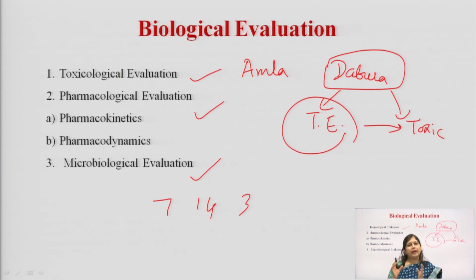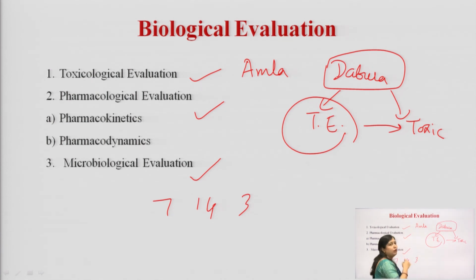Are we going for the acute toxicology study or the chronic toxicology study? That tells us how long a particular drug will be studied. But what you have to understand is that when we are determining that a particular drug is harmful in how much concentration, that is what we call the toxicological evaluation.